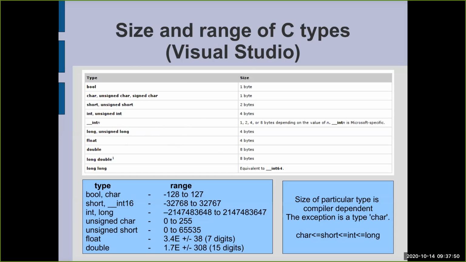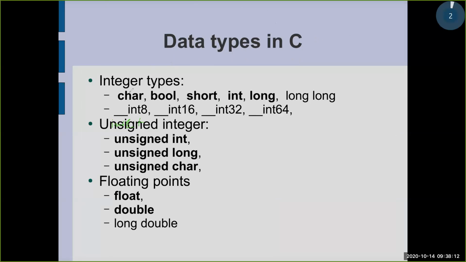In GCC compiler, we will have types which are, for example, int8_t. Yeah. So it depends. I will explain this later on. I think for you, the most important are types which are listed in the first row, the ones in bold on this slide.